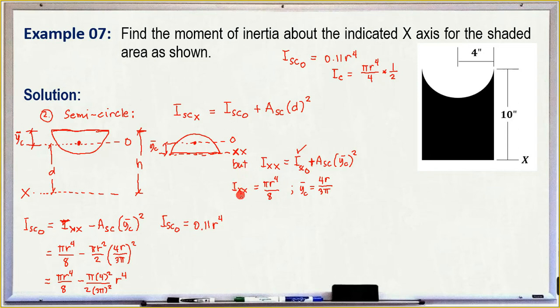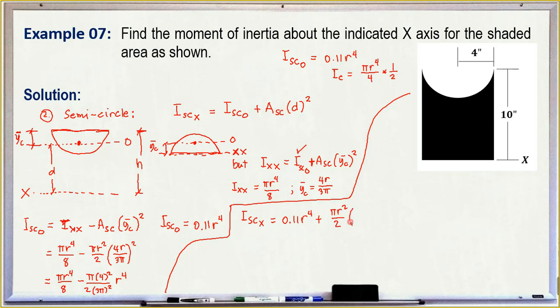So going back to our equation, this one right here. Let me isolate this one. So we have Iscx is equal to Isco, so that is 0.11 r to the fourth plus the area of the semicircle, so that is half of the area of the circle, times the distance.